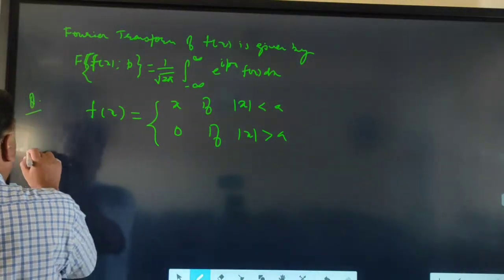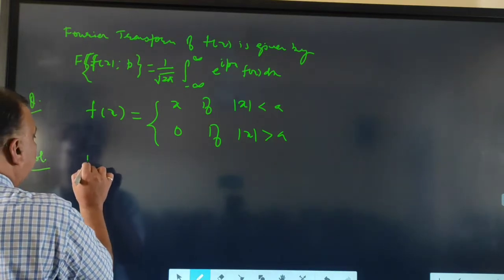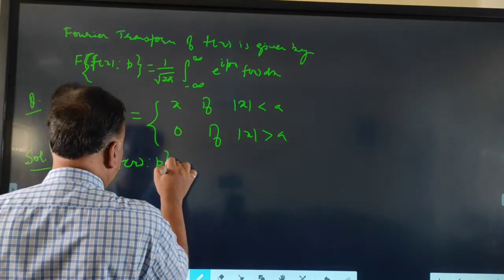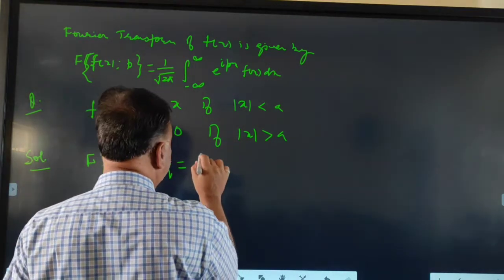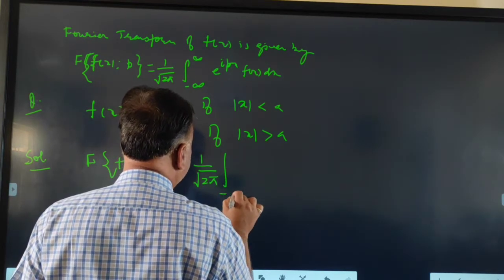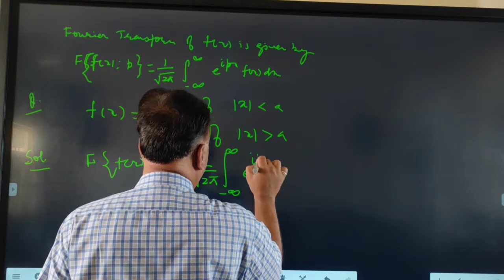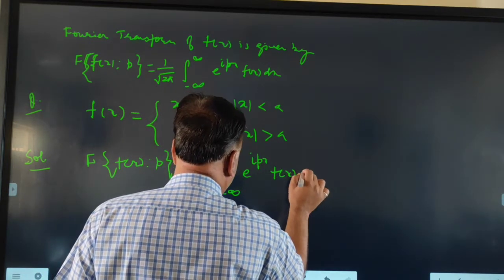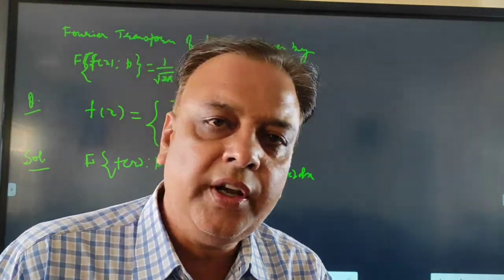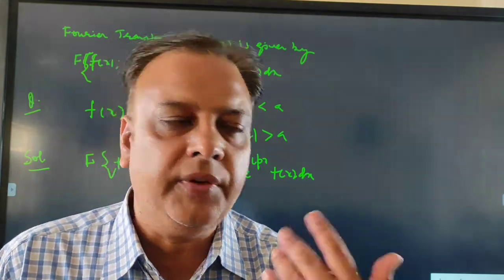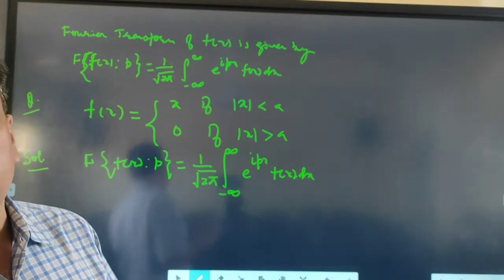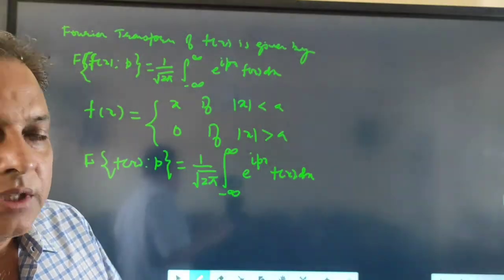We have to find the Fourier transformation of f(x). By the formula we know that this is equal to 1 upon root 2 pi integral from minus infinity to infinity e raised to iota px f(x) dx. Since the function is given in different intervals, the value of the function is different in different intervals. So we break this integral into the intervals in which the function is defined.